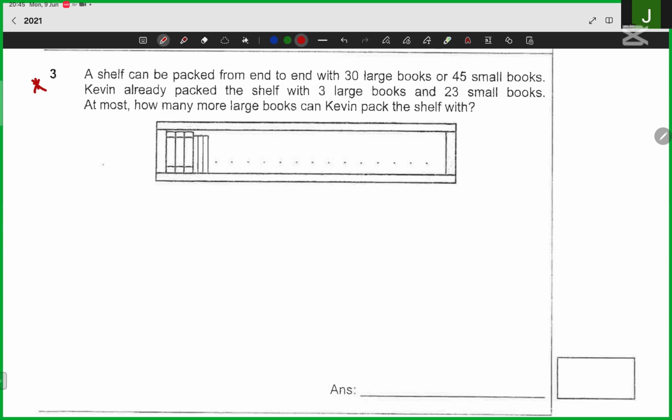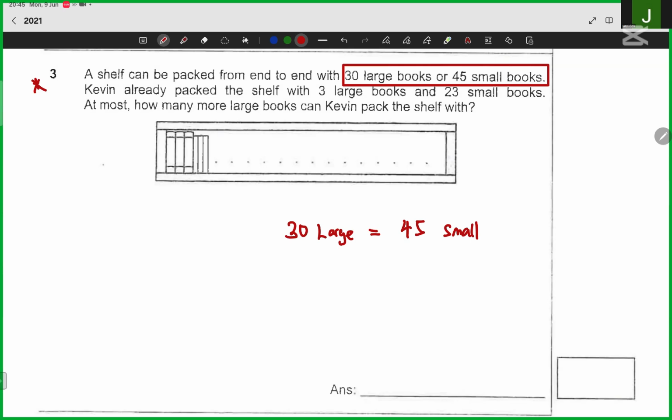So what we need to understand down here is that 30 large books is equal to 45 small. Exactly the same, right? But 30 large and 45 small are very big numbers.